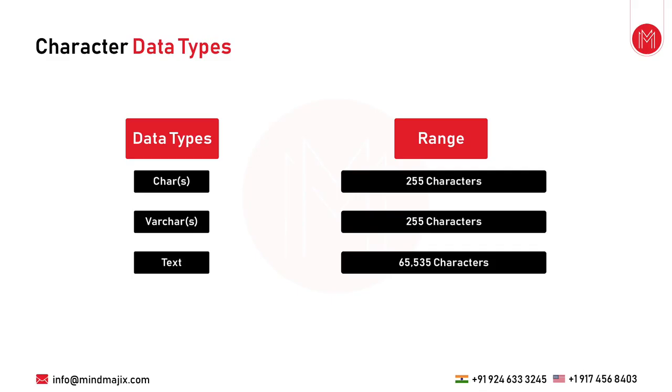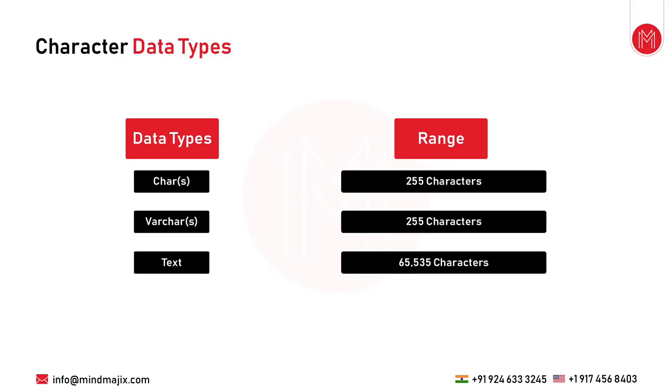For example, if you define char(30) and you supply a value of 3 characters, then only 3 memory blocks will be used out of the 30 that have been allocated to the char data type, and the remaining 27 memory blocks will be wasted.